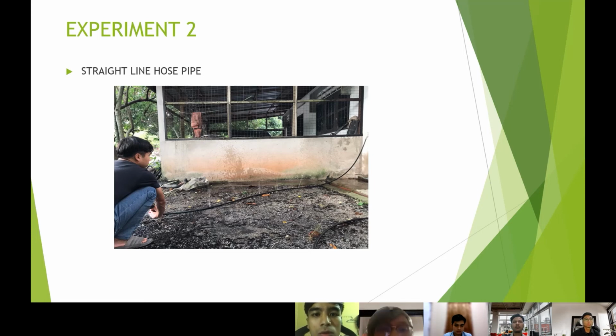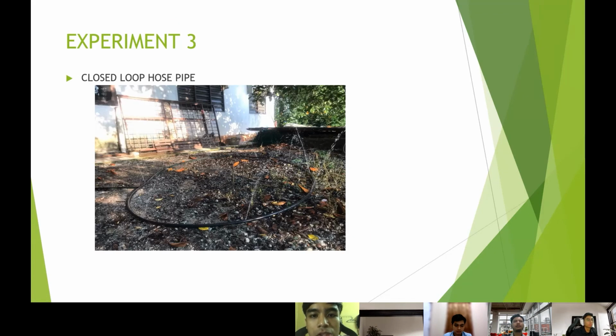Next, I will go to experiment 3, which is the closed loop hose pipe. We prepare the closed loop using a T connector, and at the round part of the hose pipe, we make 10 holes, and at each hole we put a single connector.